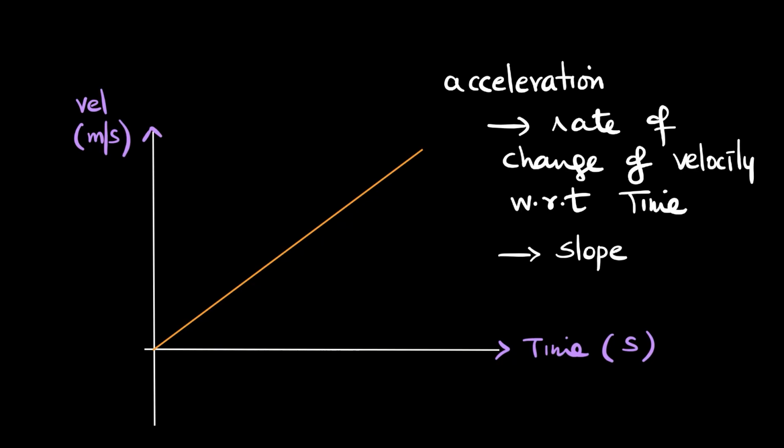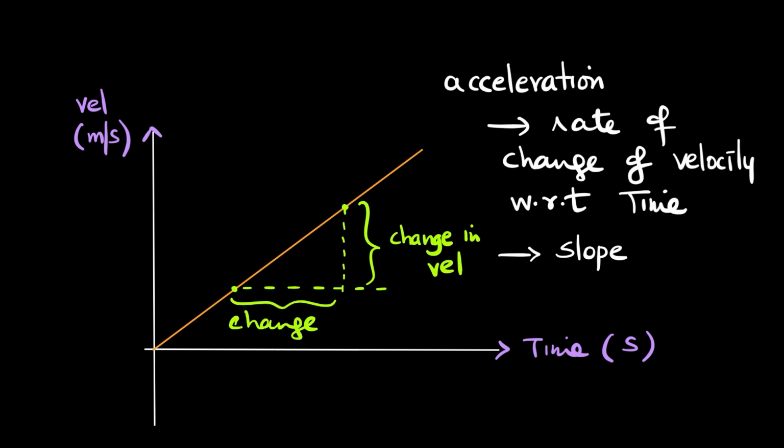Yes, it is. So if I take 2 points over here and I connect them so that I make a right angle triangle, this is the change in velocity. And this is the change in time. So slope represents rise over run.